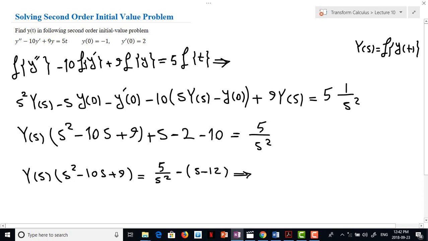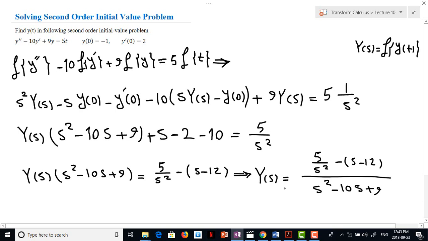So it means that Y(s) is equal to 5 over s squared minus s minus 12 divided by s squared minus 10s plus 9.